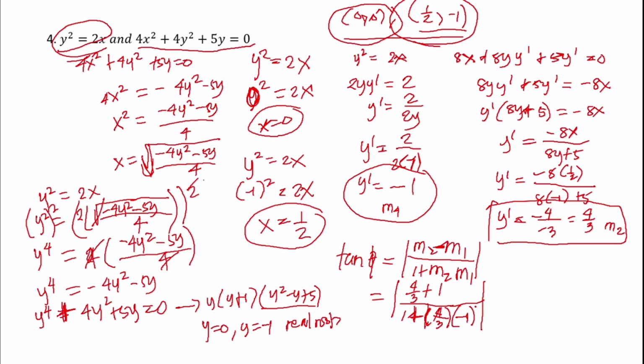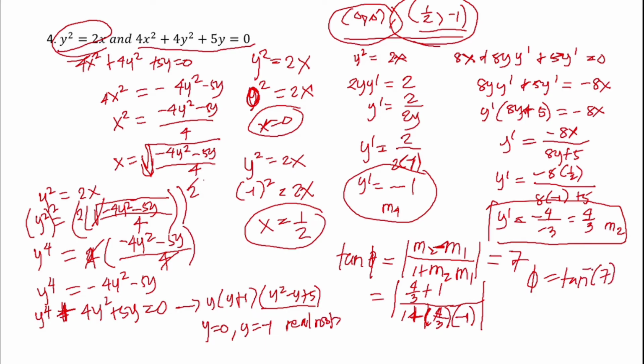So the result of this part, 4 thirds plus 1 over 1 plus 4 thirds times negative 1, if we calculate, this is 7. Since this is absolute and this is negative, it will become the absolute. So therefore, phi is equal to the inverse tangent of 7.